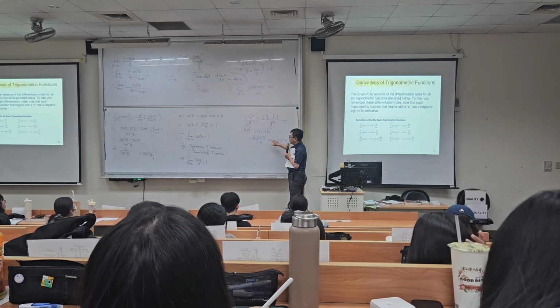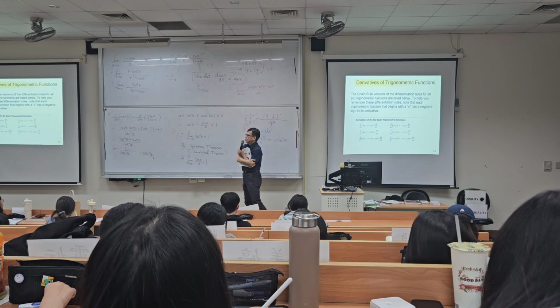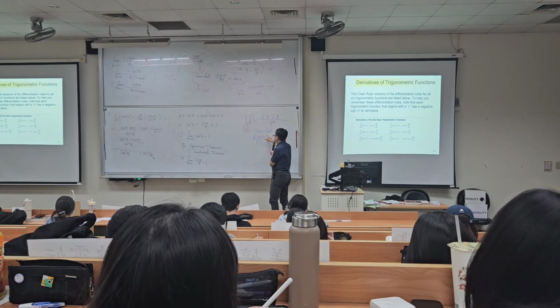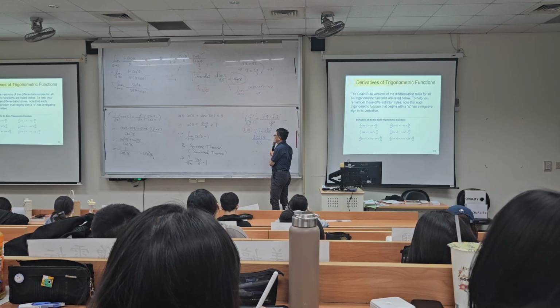It's homework to do that, try to prove it. Same technique, try to prove that the derivative of cotangent will be minus cosecant square. Okay.